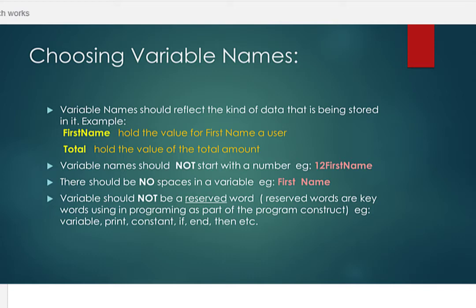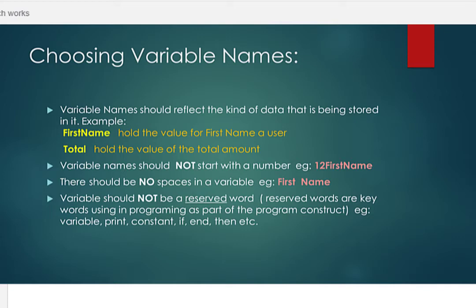So for example, if you are going to be storing the names of customers, a good variable name might be customer name, because it's associated with what is being stored, right? If you're going to be storing values from a total amount, you could probably give the name as total.